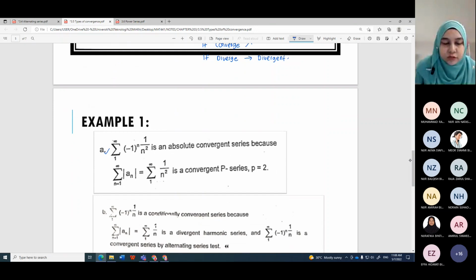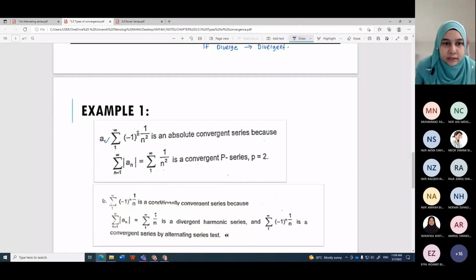Kat sini, the series of modulus A sub n, this function, the series of 1 over n square, and n is equal to 1 until infinity. So we test this series, 1 over n square.